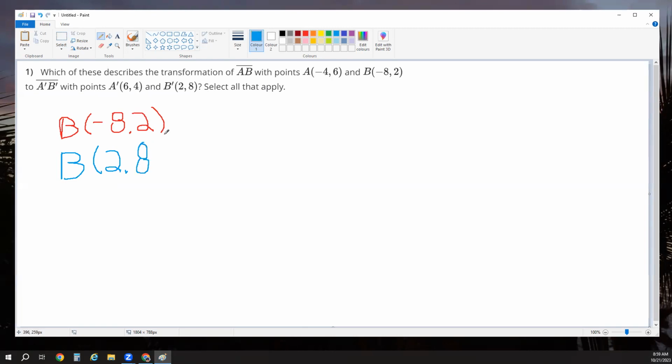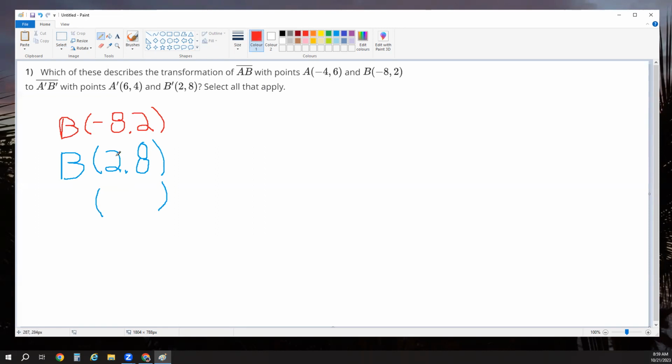So I'm going to look at my point in generic terms, my after point in terms of my before point.